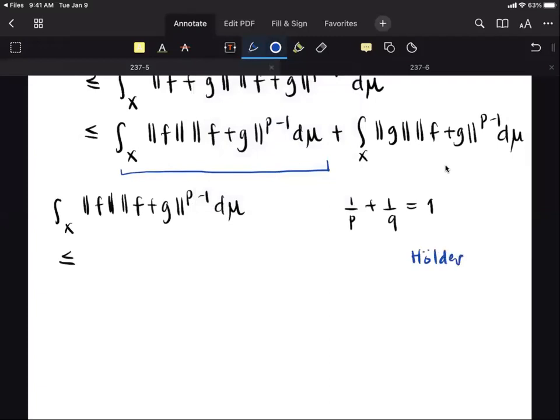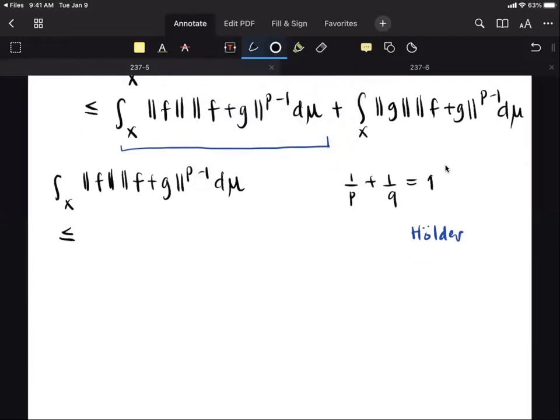So applying Holder's inequality, for the first one, we take the LP norm, and for the second one, we take the LQ norm.